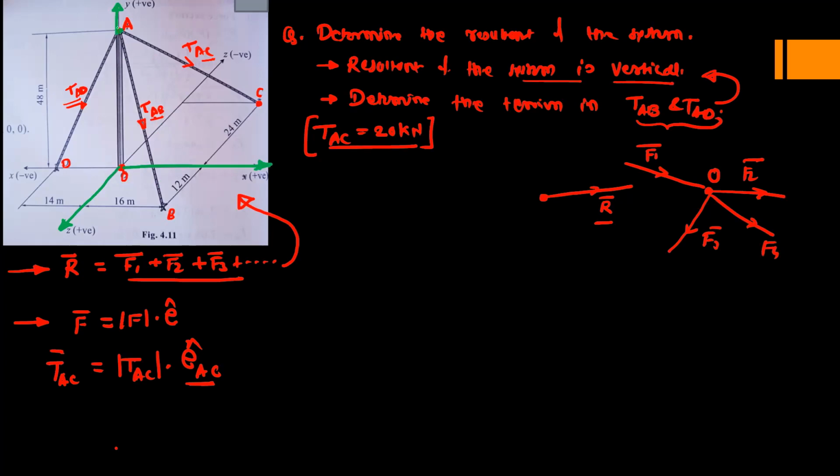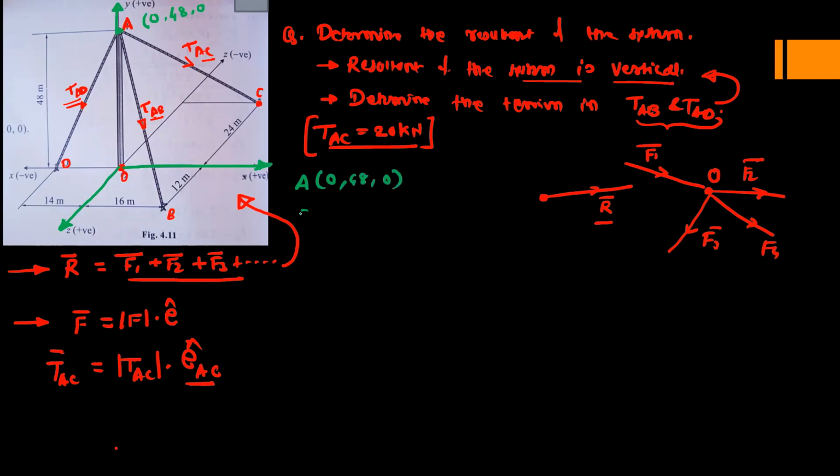The point A, its coordinates will be, as it is along the y direction, its x coordinate is 0 and its z coordinate is 0. So measure the distance along the y direction. It is 48 meters. So the y coordinate is 48. So for the point A, the coordinates are 0, 48, 0.